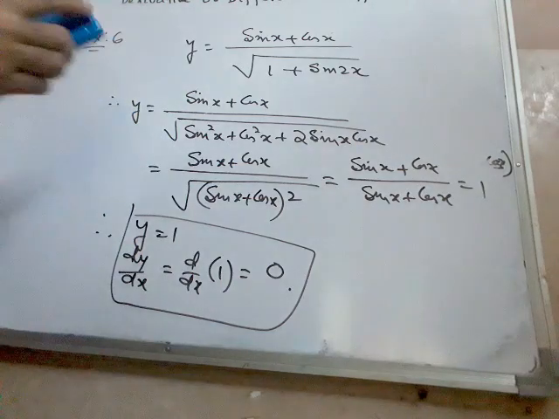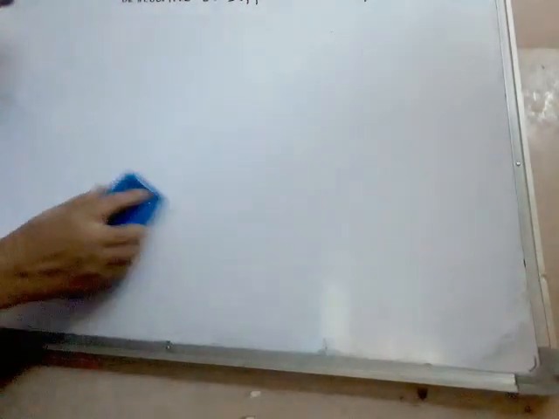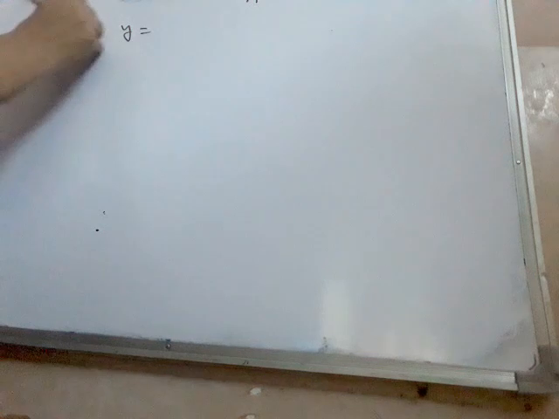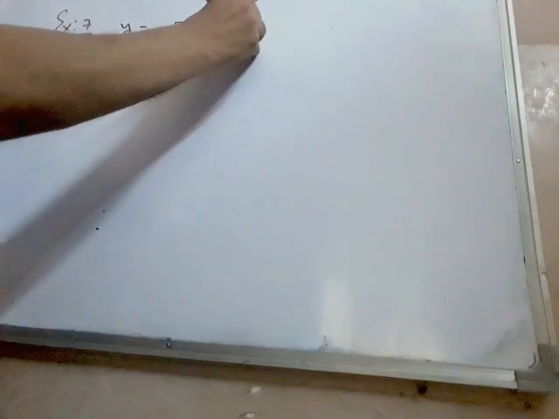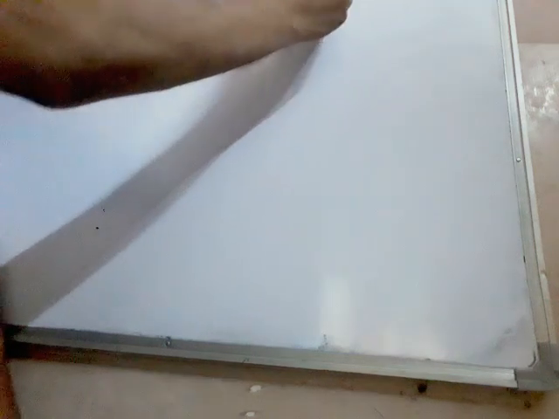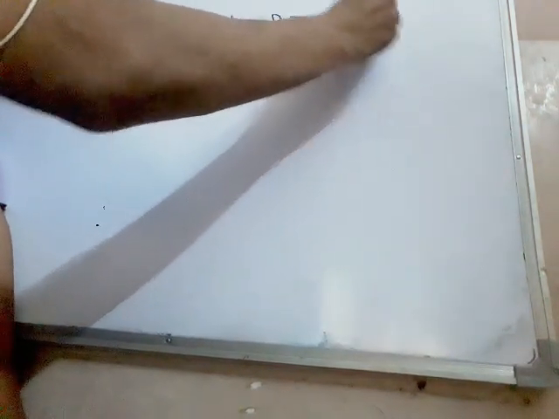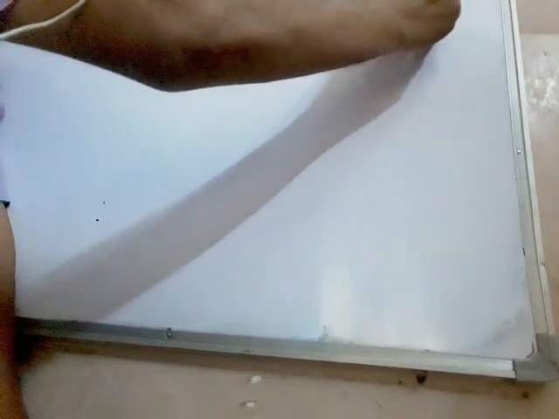Sometimes a question asks like that, proving sums. If it is given that y equal to, example number 7, y equal to root x plus 1 by root x, prove that 2x dy by dx plus y equal to 2 root x.